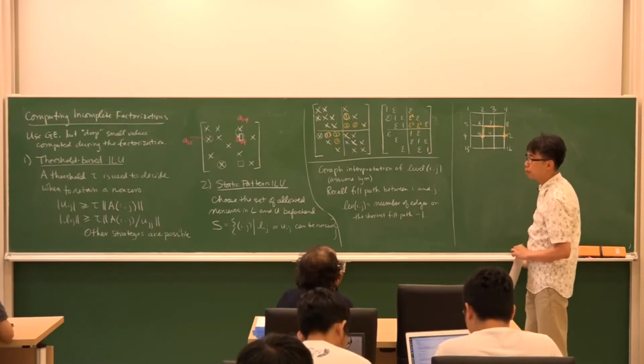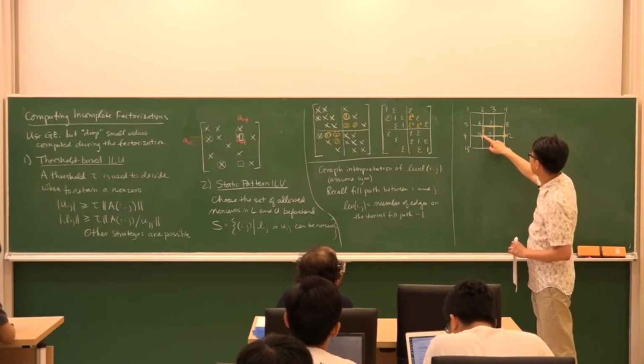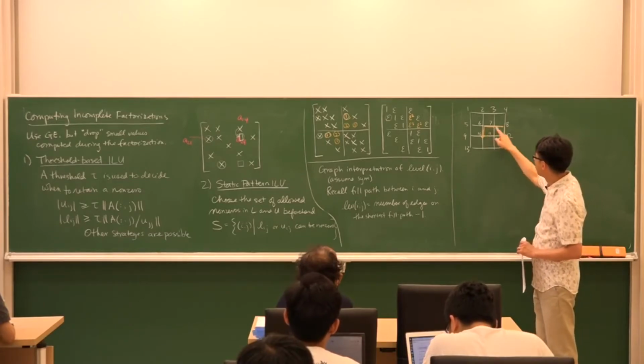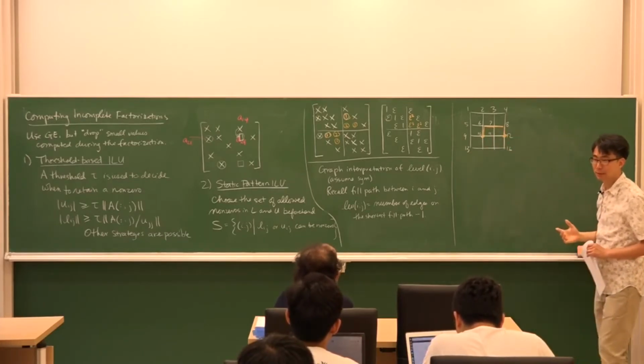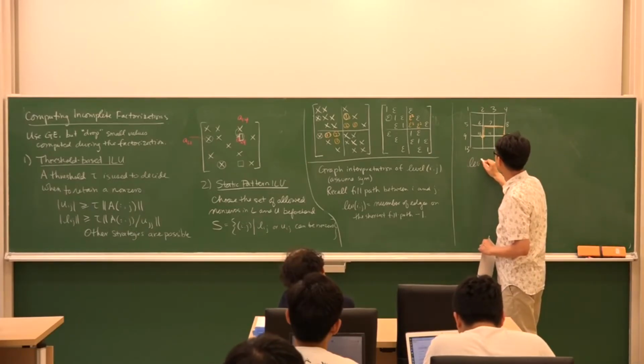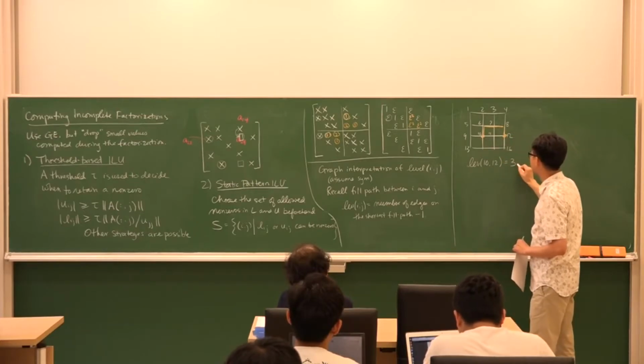And there are 4 edges. That's the shortest one. There are other ones, right? That's a longer fill path. But here's the shortest fill path. There are 4 edges on it. That means the level between 10 and 12 is equal to 3.